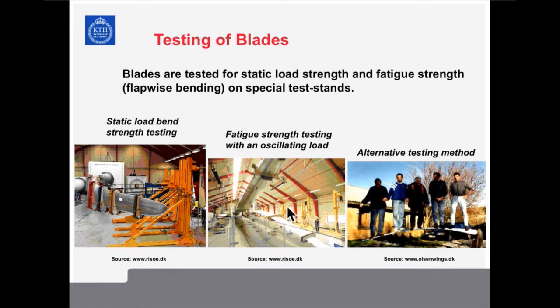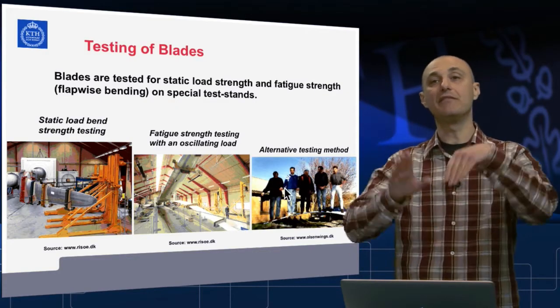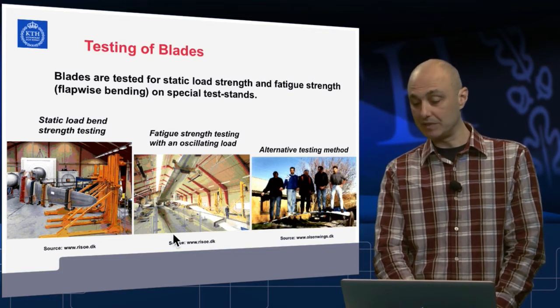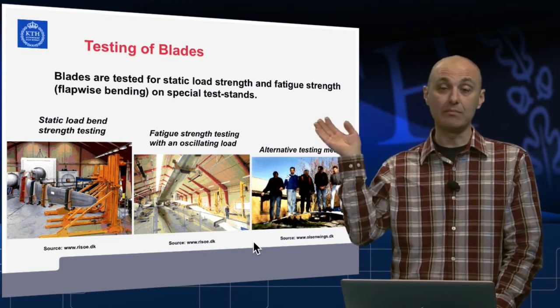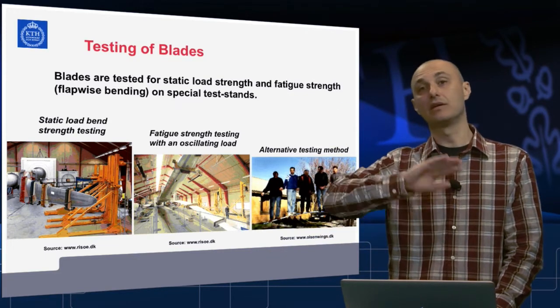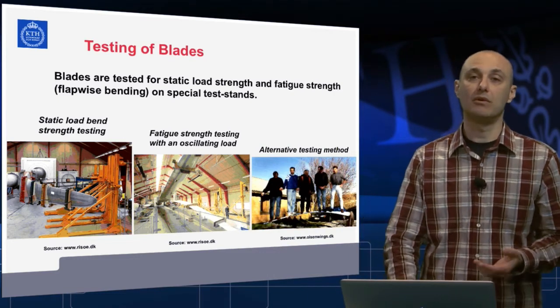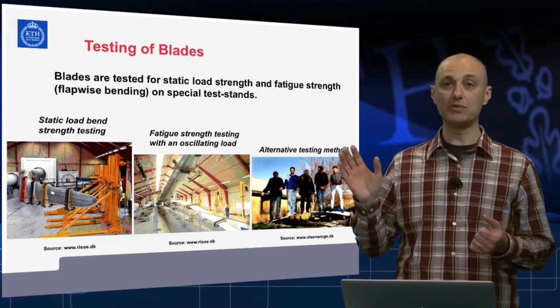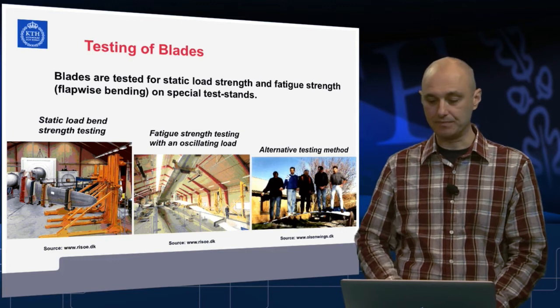Fatigue strength, oscillating loads. This is one example here of blades fixed and then flapping constantly for a million cycles. And this is what happens in reality. A blade out in the field is flapping all the time while moving across the swept area, and over the lifetime of a typical wind turbine, those flapping motions accumulate to millions of times.